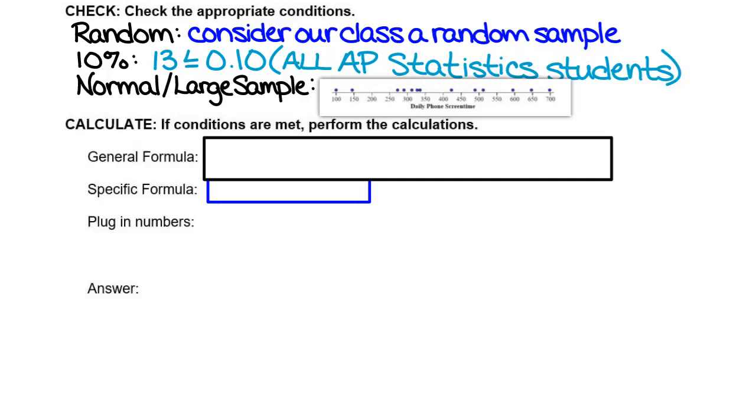No. You would need to get a quick sketch of this drawn next to this condition. As we say, the dot plot shows no strong skews or outliers. So go ahead and do that on your notes page. It doesn't have to be perfect, but you need the general shape of what this graph looks like.